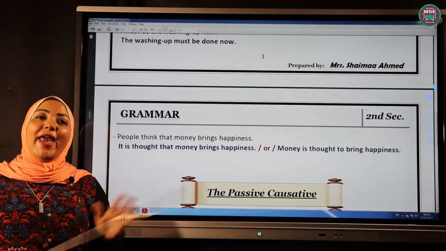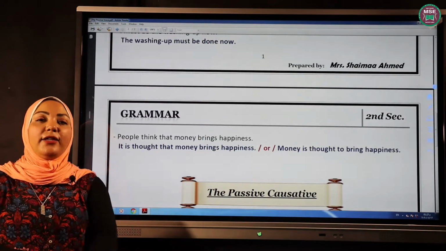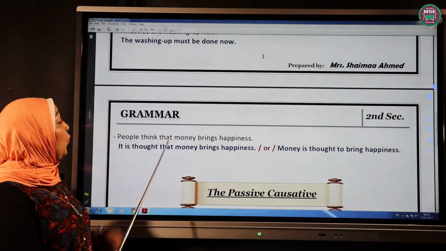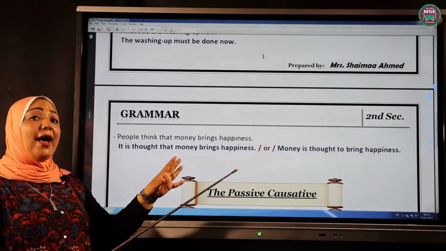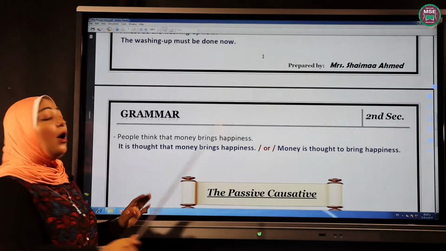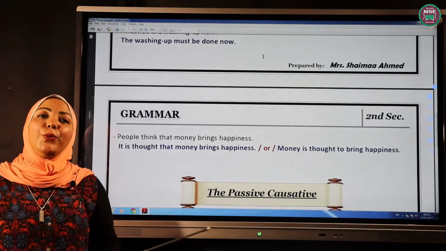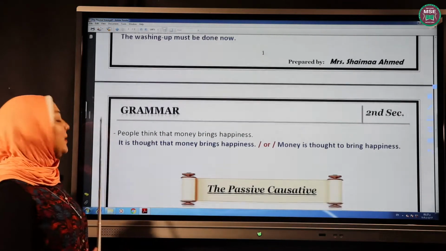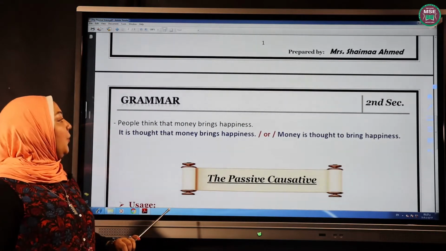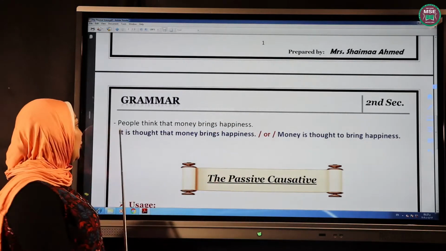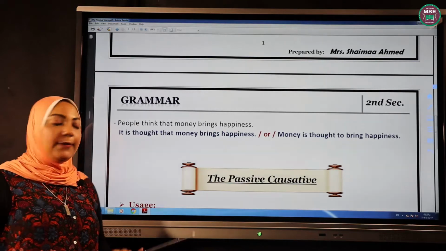Here we have two ways to change from the active to the passive. The first way is to consider what the people are thinking about as a whole, as an object, and refer to this object with the pronoun it. So, as if what the people are thinking about is our object, and we refer to it using it.